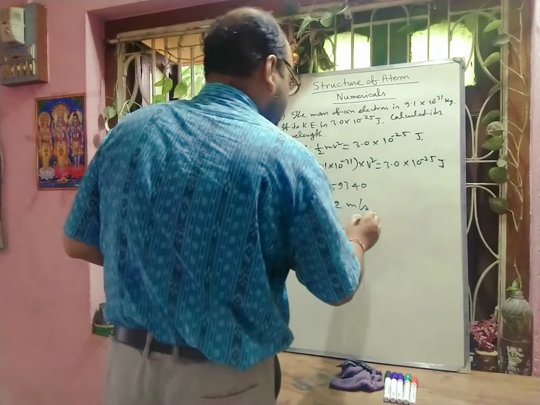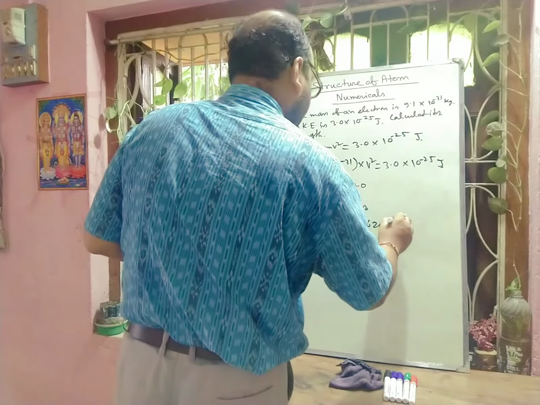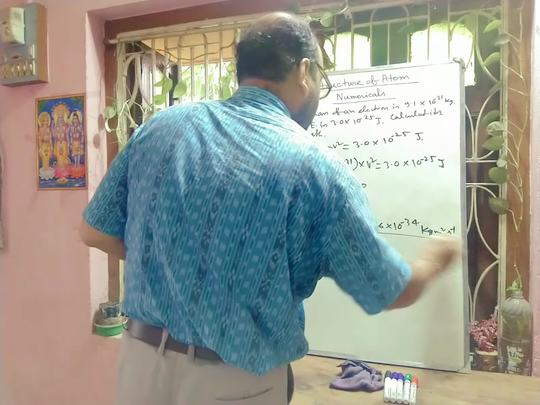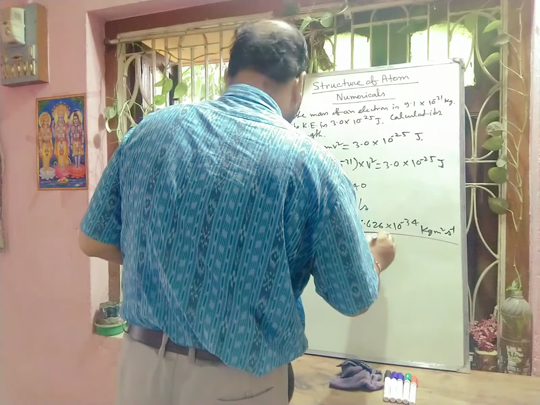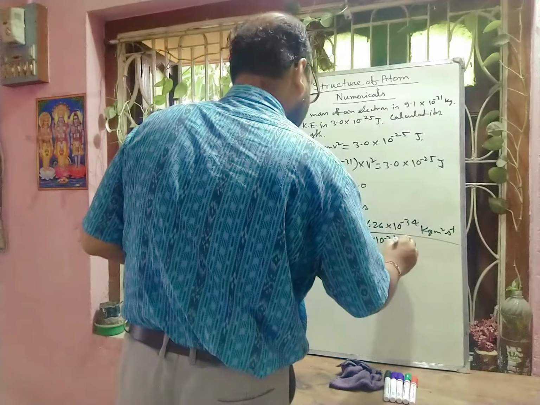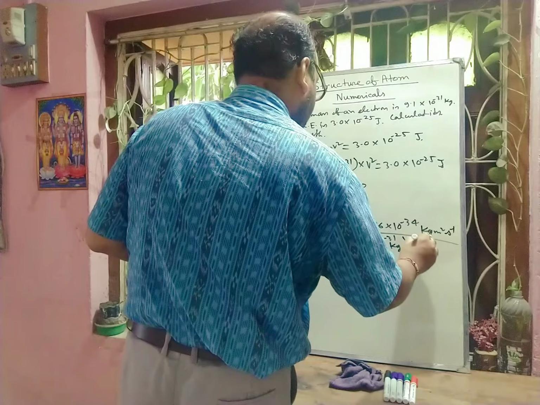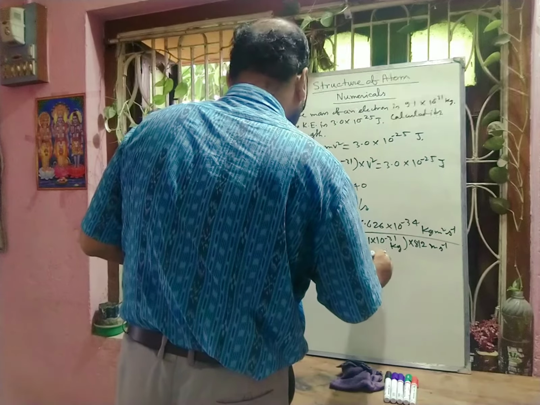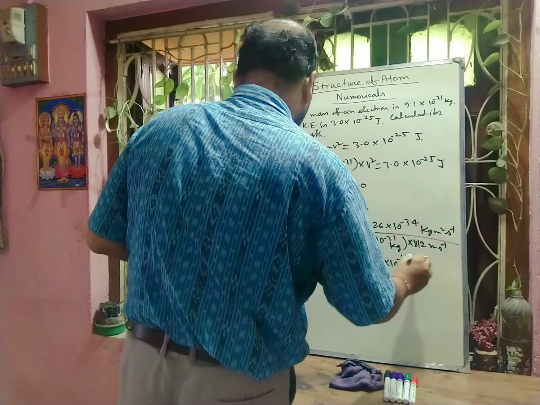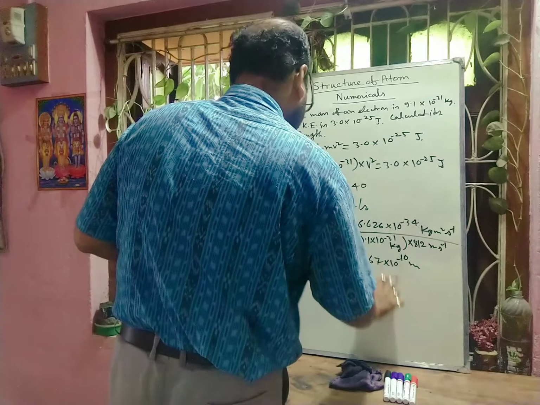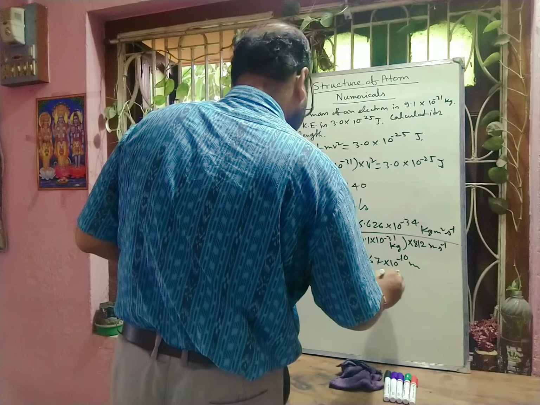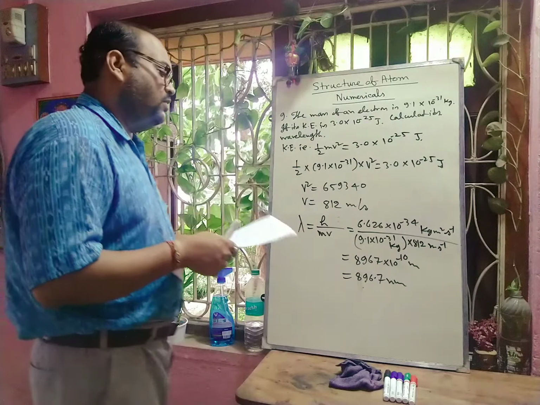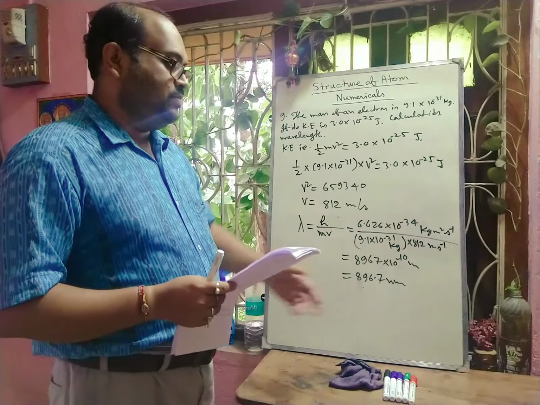Put the value of h, 6.626 into 10 to the power minus 34 kg meter square second inverse, divided by 9.1 into 10 to the power minus 31 kg into 812 meter second inverse. That will be equal to 8967 into 10 to the power minus 10 meter, which is 896.7 nanometer. That will be your answer.